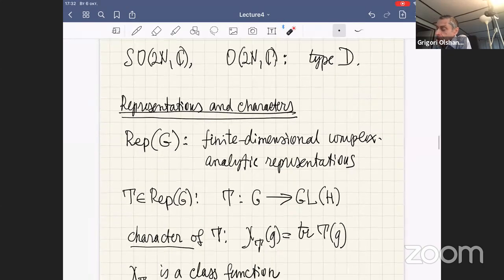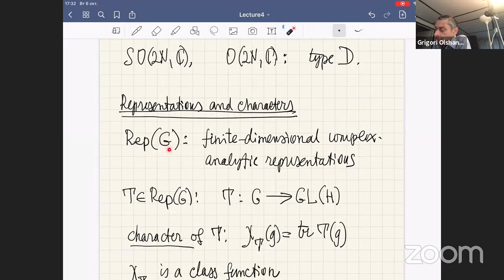So any such group G is a Lie group. And moreover, it is a complex Lie group. So it has a structure of a complex manifold. And by representations of this group, we mean finite dimensional complex representations, which are complex analytic. What does complex analytic mean?